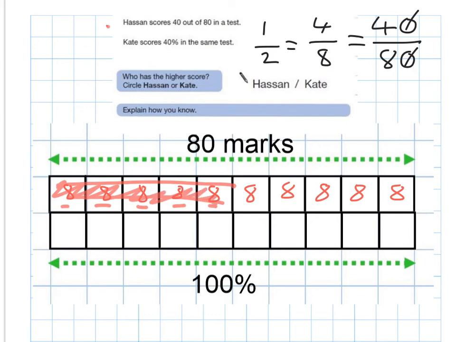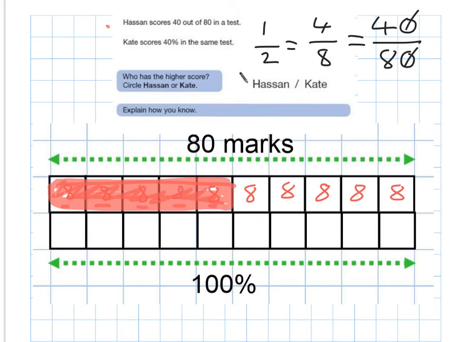So it's reaffirming the calculation I've done up here. So we don't always have to use the bar model to work out the answer. We can use it to check our answers to make sure that we're absolutely spot on and we're confident that we have got it right. So here is Hassan's score, which is half, or it's 40 out of 80, or 50%.